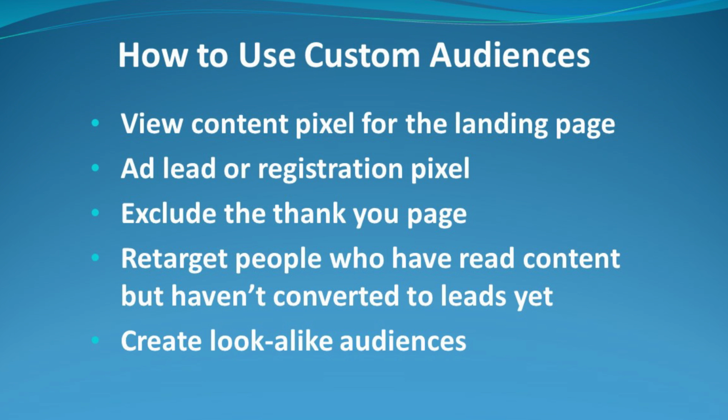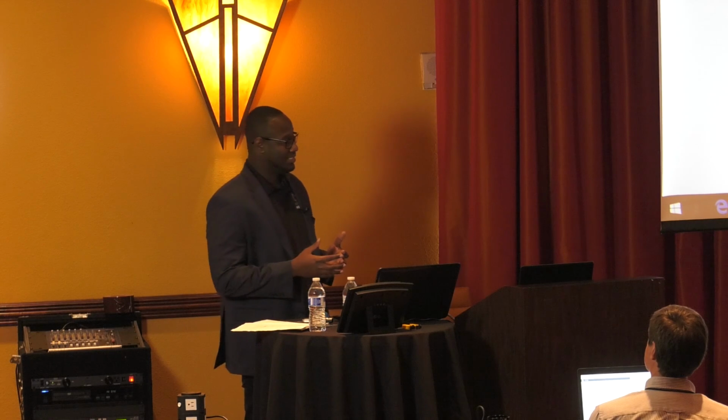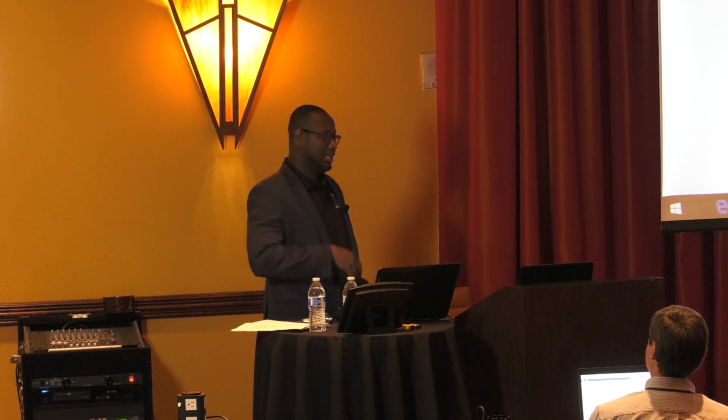For instance, typically when you have landing pages, this is where you usually will put your view content, because again, you want to build up multiple pixels for multiple events. So if I'm building up the view content pixel, I'm gonna ask Facebook, say, hey Facebook, everybody who lands on this page, and I place my lead pixel on my thank you page, and I exclude that page, I can create a customized custom audience that I can then develop into a lookalike audience.